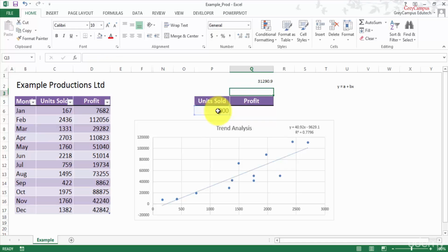If I press enter, I see that I get a value. So how will I tell about this data? I can say that if tomorrow or next month you sell 1000 products, then there is a chance that you will be getting a profit of 31,000.